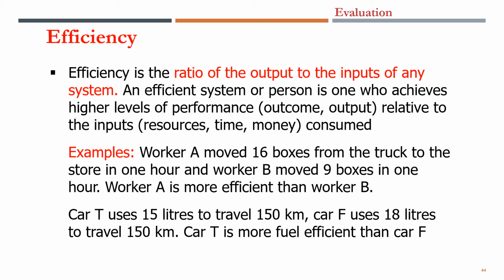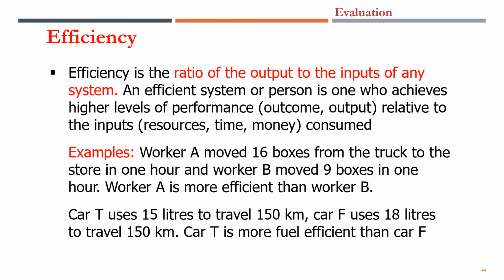Next we talk about efficiency. Efficiency is the ratio of the output to the inputs of any system. An efficient system or person is one who achieves higher levels of performance relative to the inputs. So this is the example I have given you below.